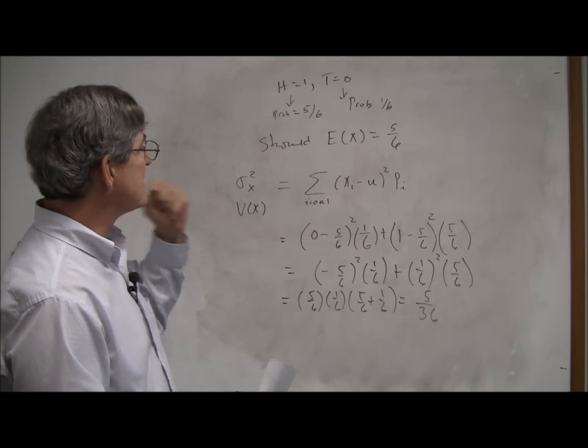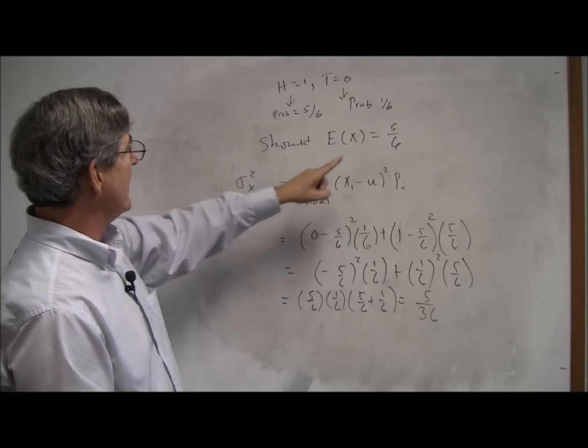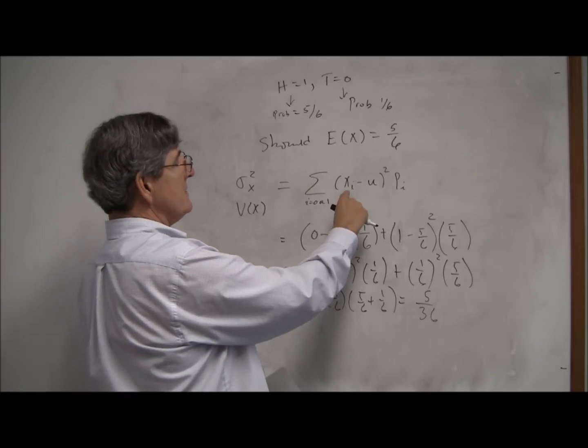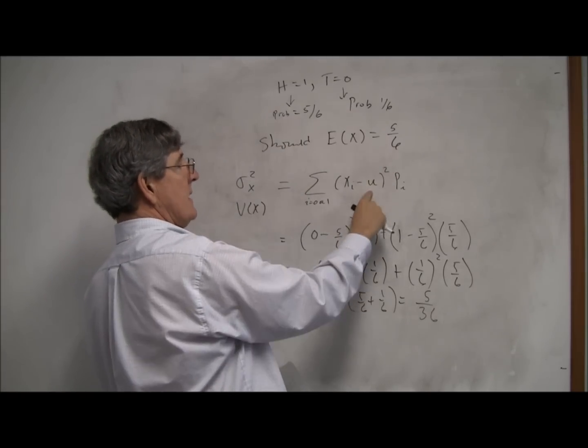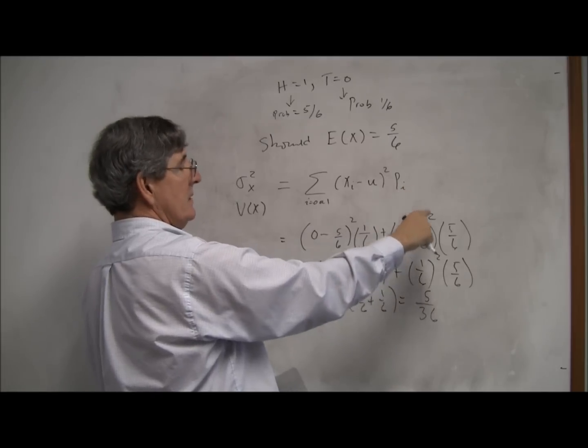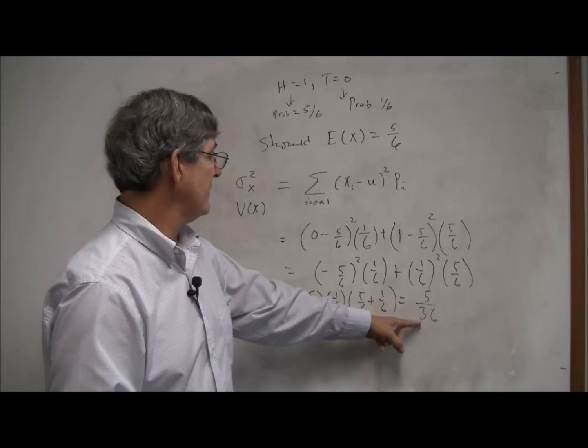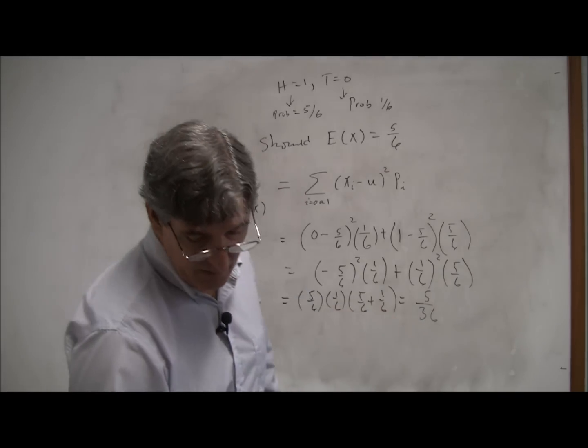To find a variance, first you find the expected value, then you take the sum of the outcomes, 0 or 1, minus the expected 5/6 squared times the probability of each one, just like we did here. And we get an answer that turns out to be the variance.